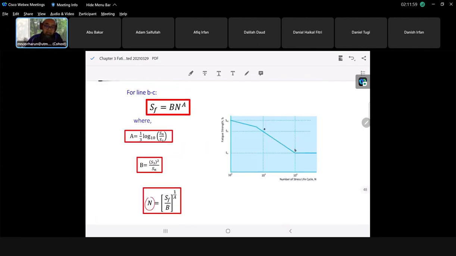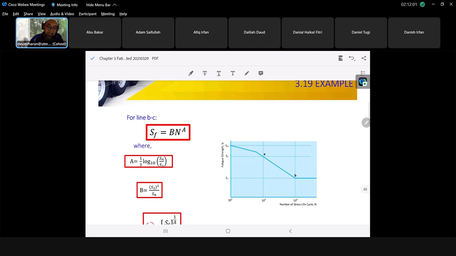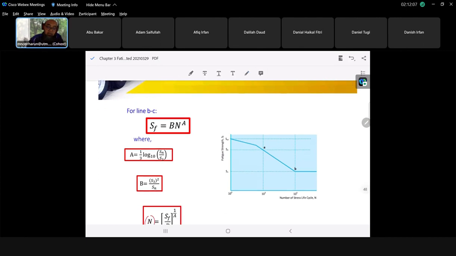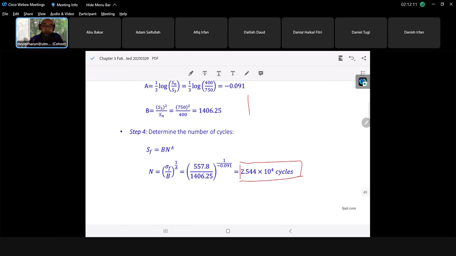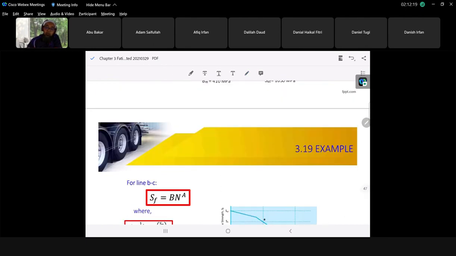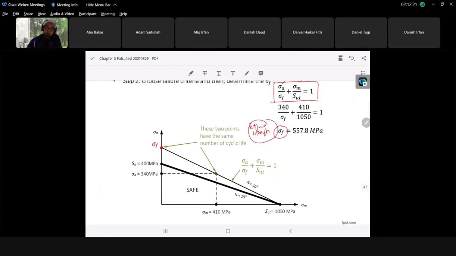Okay, just insert the value of Sn, S3. Just insert the value, then you will get the value of N. Yeah. Okay.